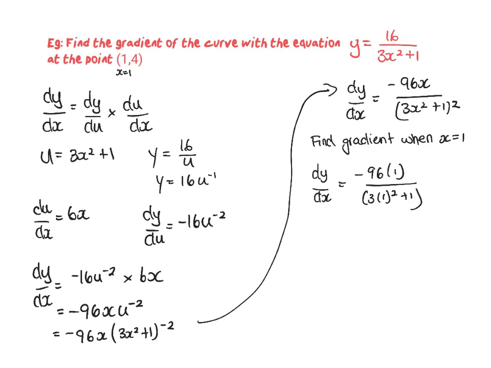So we end up with negative 96 over 3 plus 1, which is 4. 4 squared is 16. Okay, so 16 goes into 96 6 times, so it ends up being negative 6. So the gradient at the point is negative 6.